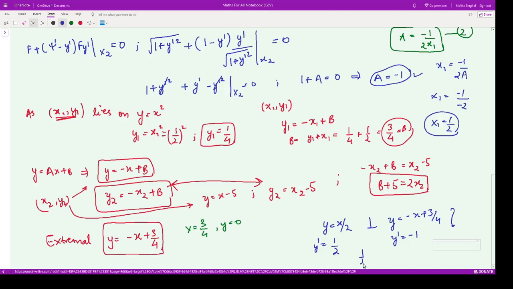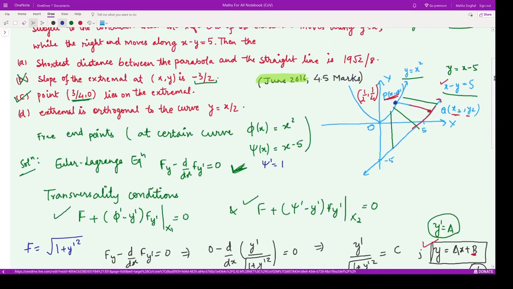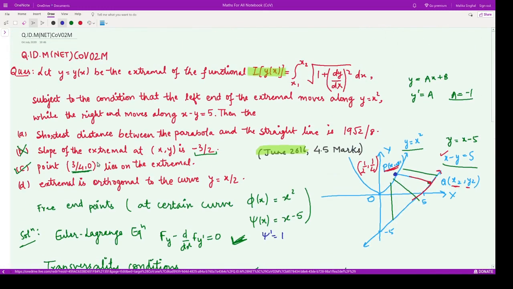Here if we multiply these two, we obtain -1/2, which is not equal to -1. For orthogonality, with curve C1 and curve C2 having slopes M1 and M2, when multiplied together they should result in -1. This we know from our previous classes, right? So in this case, this is not true. So this option is also not correct.